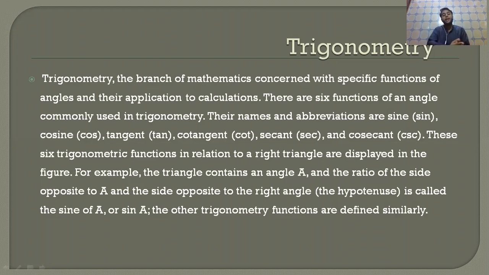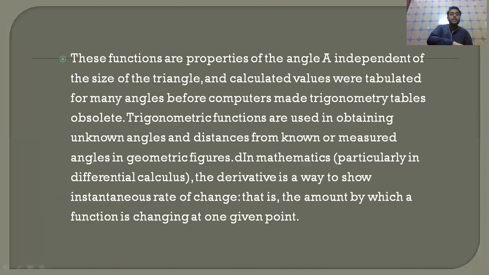For example, the triangle contains an angle A. The ratio of the side opposite to the angle A to the side opposite the right angle, the hypotenuse, is called the sine of A, or sin A. The other trigonometric functions are defined similarly. The functions are properties of the angle, independent of the size of the triangle.